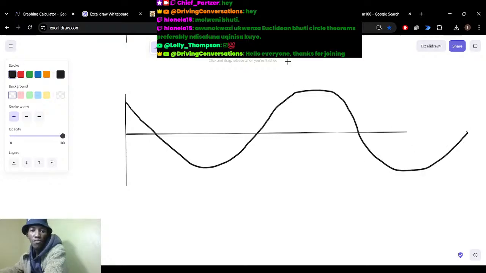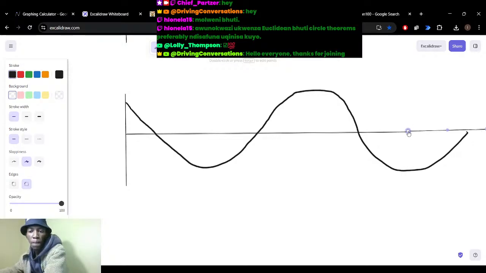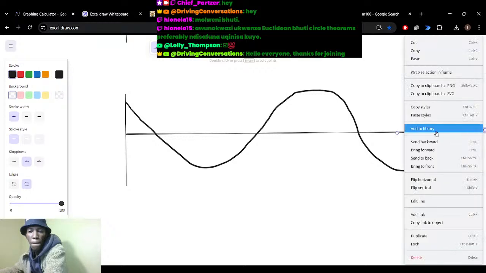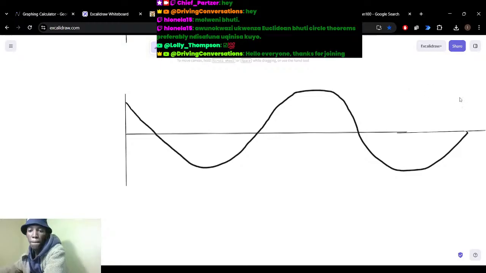So this is like a cos, right? Right, so let's draw our angles.